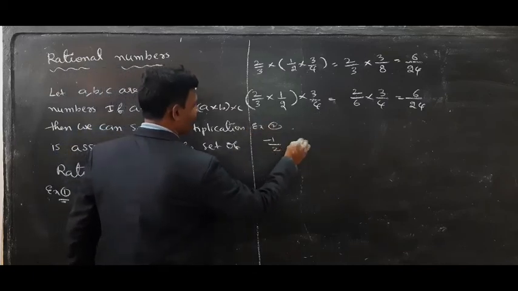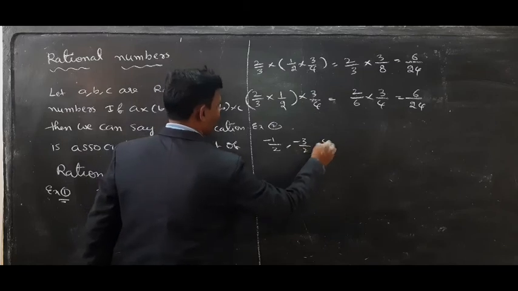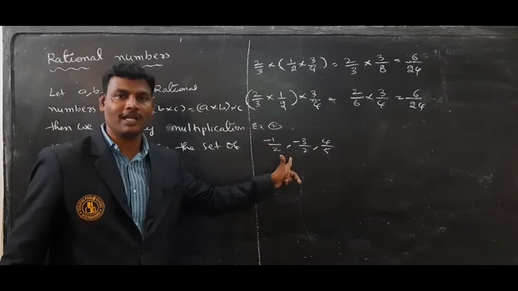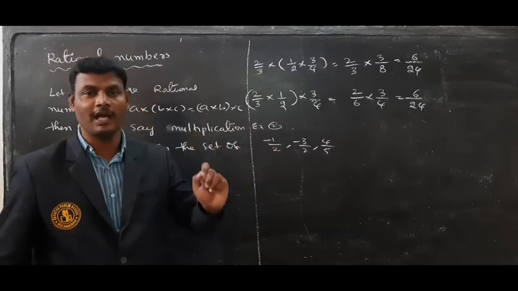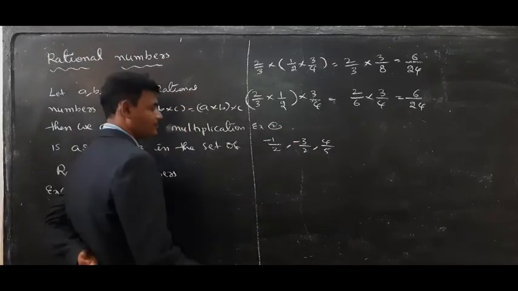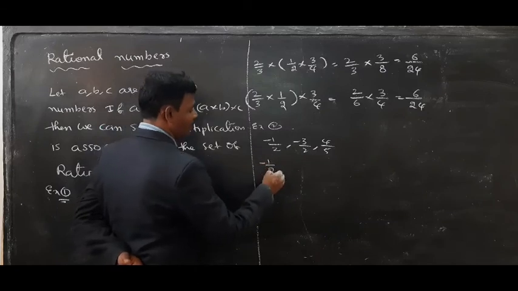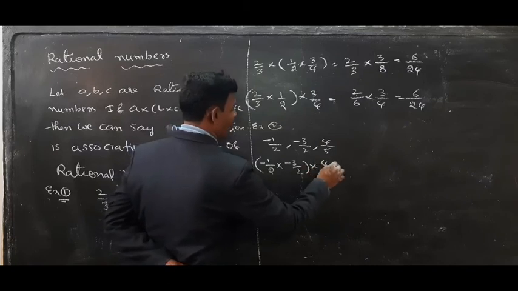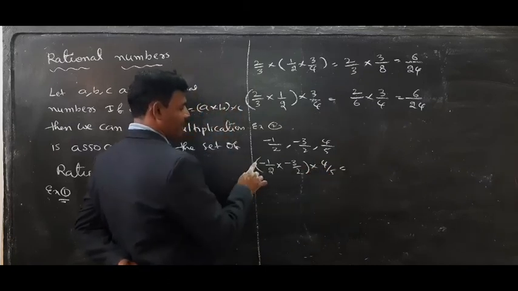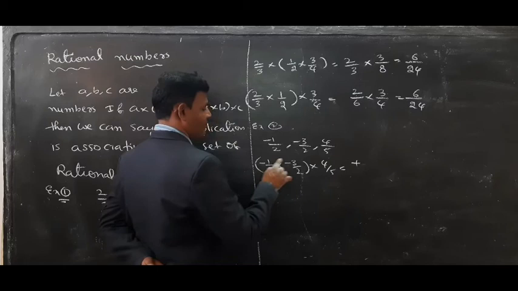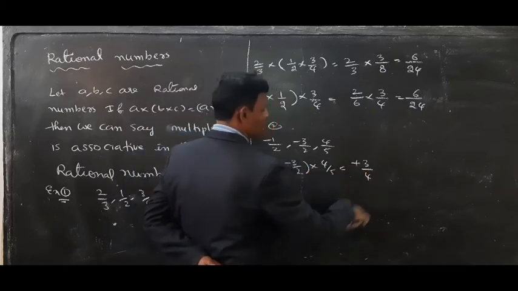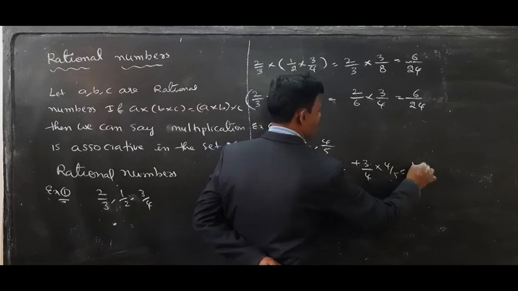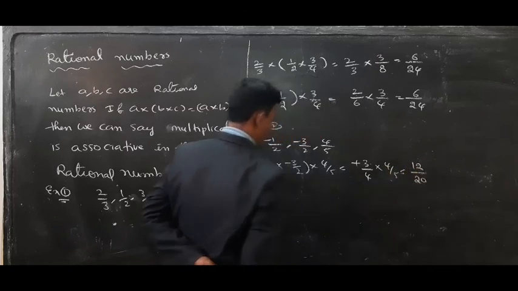Minus 1/2, minus 3/2, 4/5 are three rational numbers. Then I need (−1/2 × −3/2) × 4/5: minus into minus is plus, 1 × 3 is 3, 2 × 2 is 4, so 3/4 × 4/5: 3 × 4 is 12, 5 × 4 is 20.